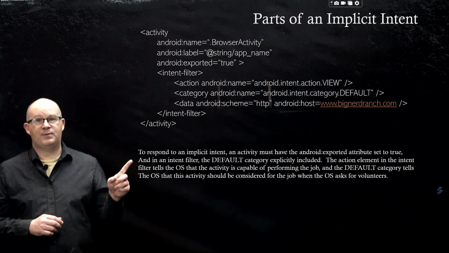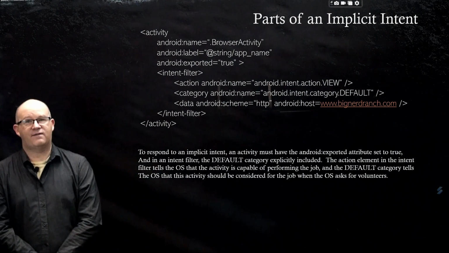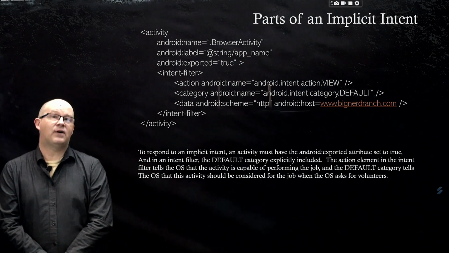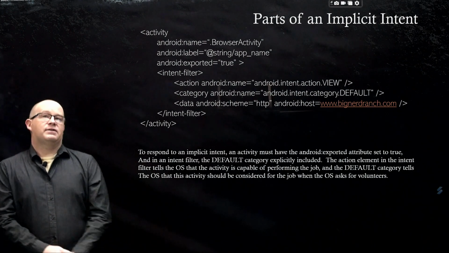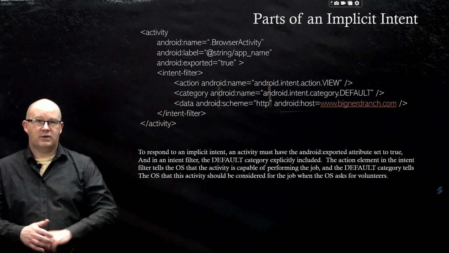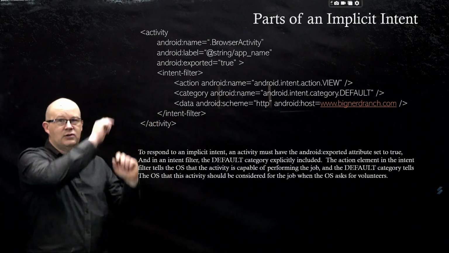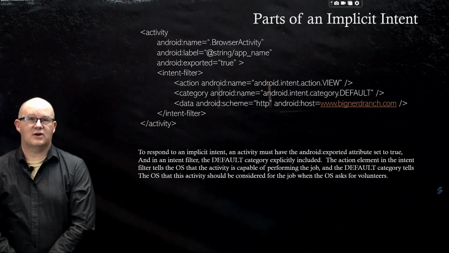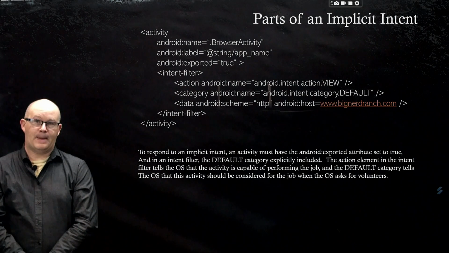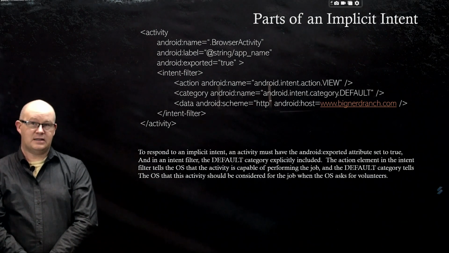We also, as part of that, need to set the intent filter to the default category. That line here, which is optional, and these two lines are saying that we are going to be able to respond to an implicit intent.